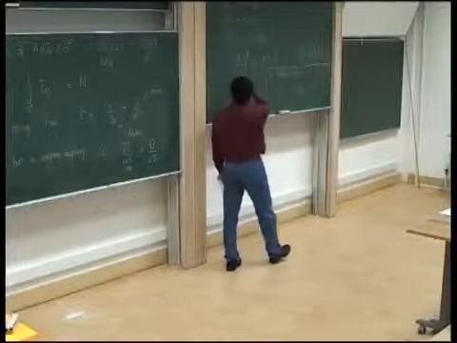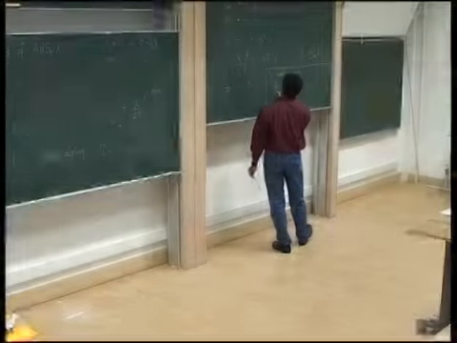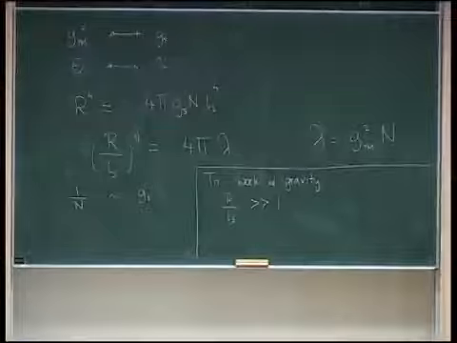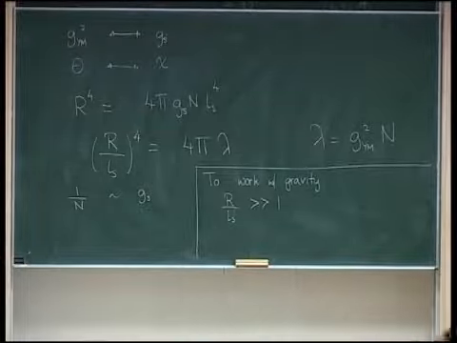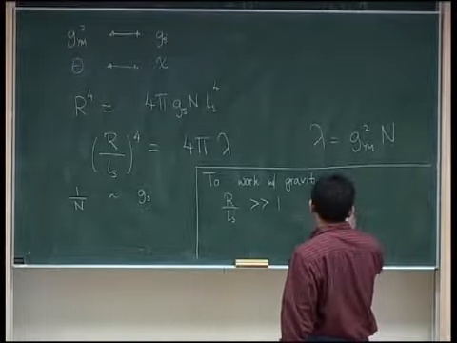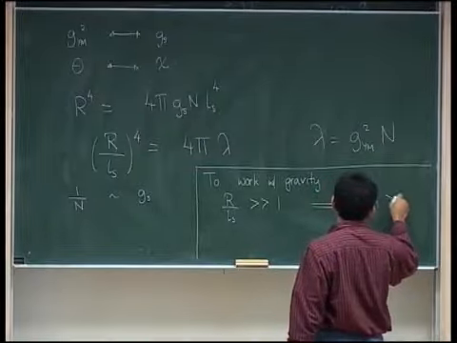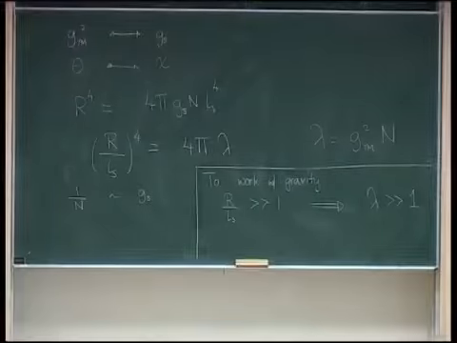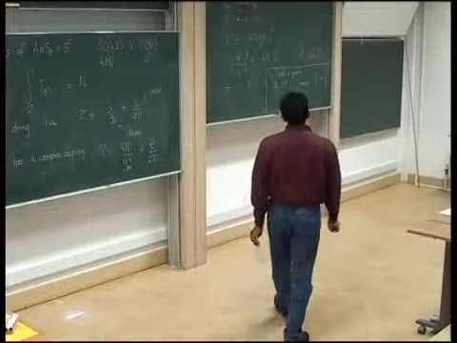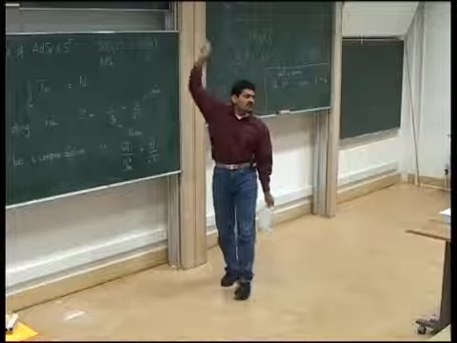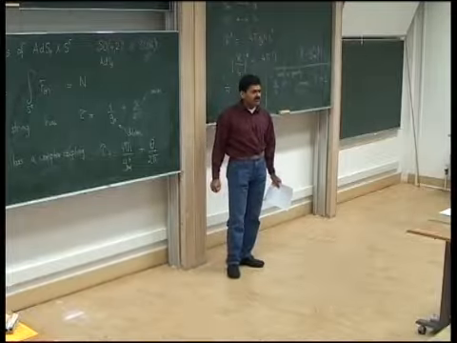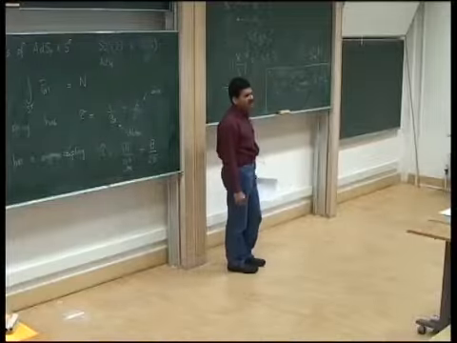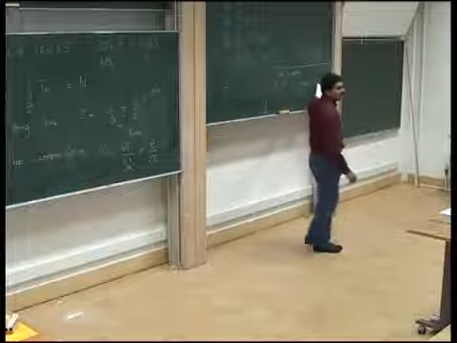I have an expression for R over l_s, so I need R over l_s much bigger than 1 in order to be able to trust gravity. But this translates in terms of the field theory parameters to lambda much bigger than 1. So the gravitational description in terms of the spacetime that I wrote down is good only for strongly coupled Yang-Mills theory.